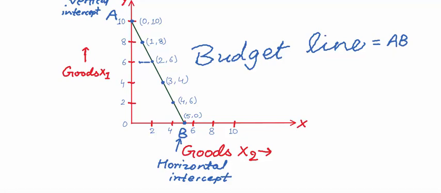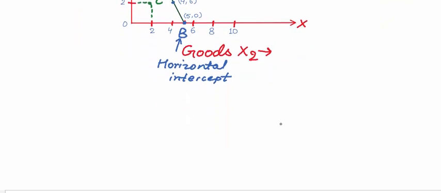Let's suppose point C lies on (2, 2), which is inside the budget line. This point can be called an affordable consumption bundle.